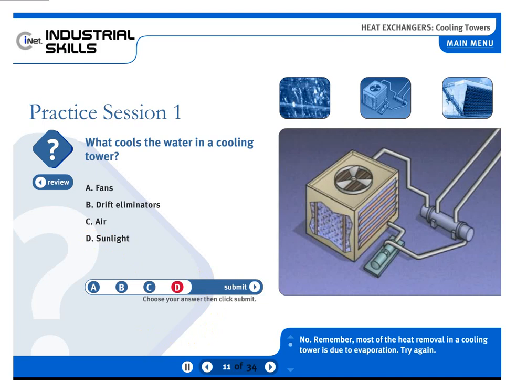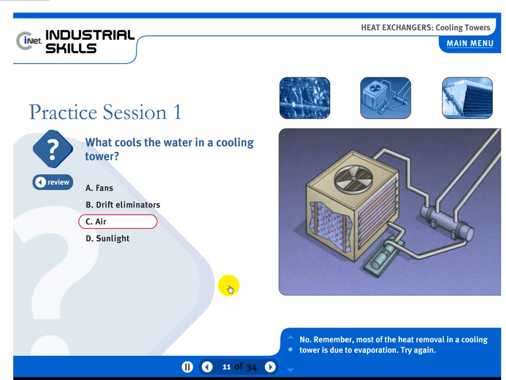Try again. That's right. The water in a cooling tower is exposed to air so that evaporation takes place and the water is cooled.